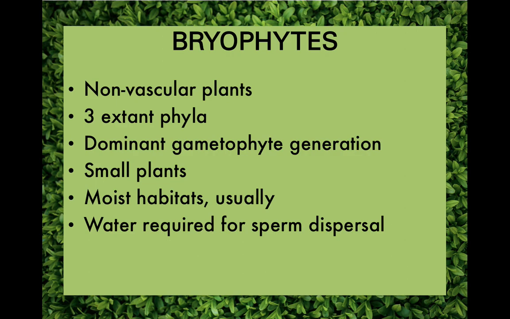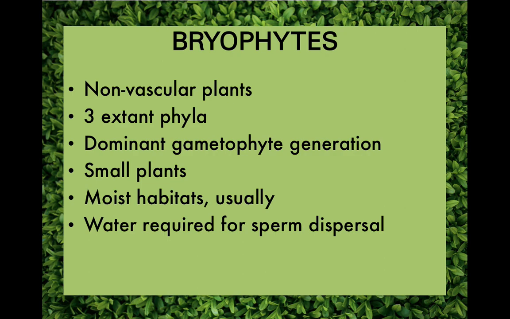One thing that characterizes all of our bryophytes is that the gametophyte is the dominant generation. That's the thing that we see most of the time and that we think of as being the plant. And as far as we know, these have always been relatively small plants. Don't get very high off the ground.